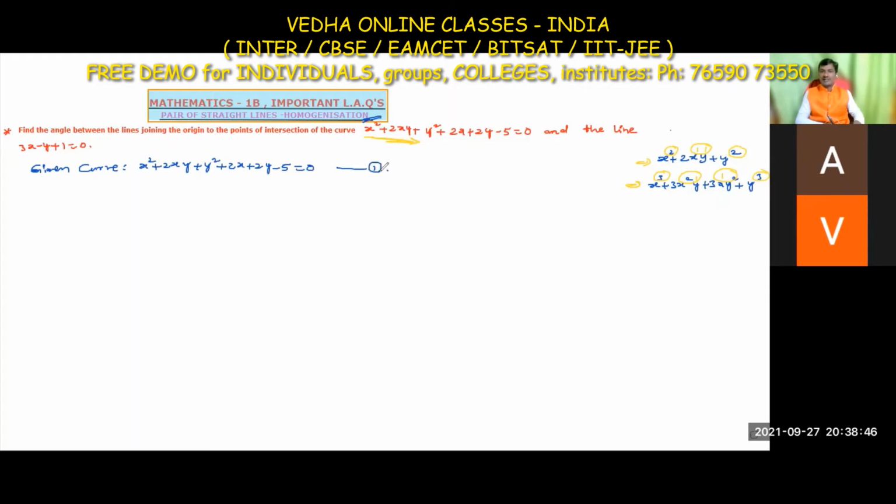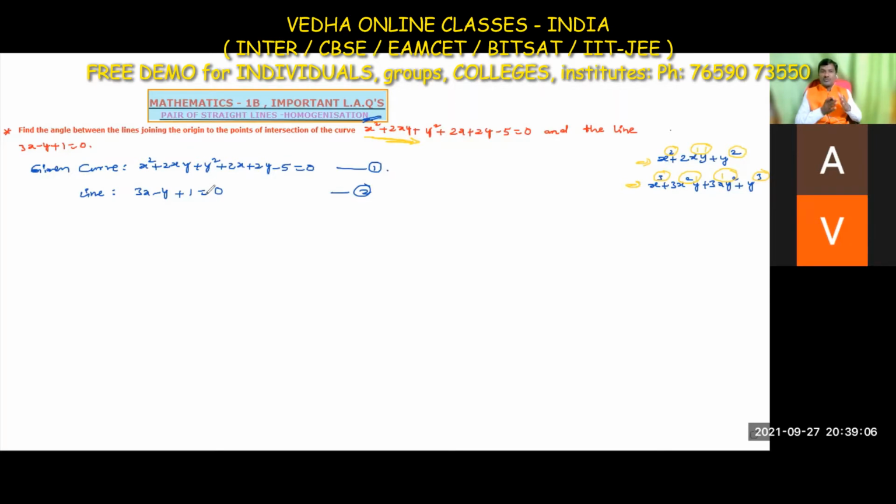This is given equation 1. And I am writing the line also. The given line is 3x minus y plus 1 equal to 0, taking this as equation number 2.